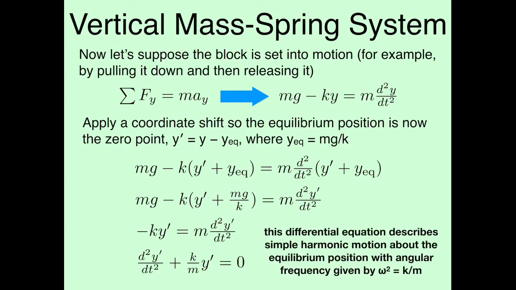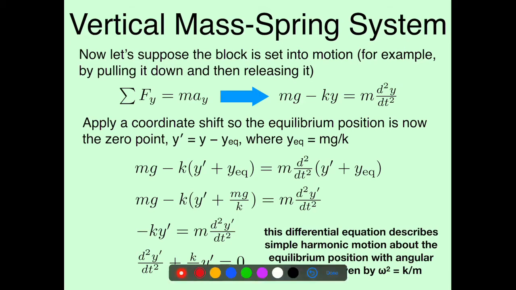In other words, this is a differential equation that describes simple harmonic motion around an equilibrium position where the angular frequency omega, that's the term, remember, that goes right here in front of the position variable, omega squared is given by k over m.